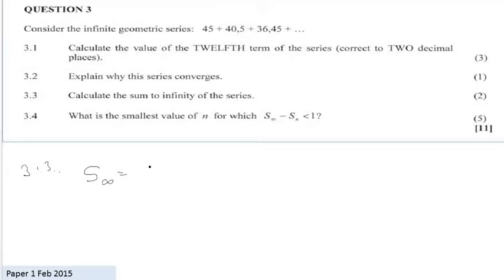It's given by a over 1 minus r. This formula can only be used if the value of the common ratio is between -1 and 1, so that we can determine the sum to infinity. a represents the first term, which is 45, and r is the common ratio, which we determined in the previous resolution as 0.9.